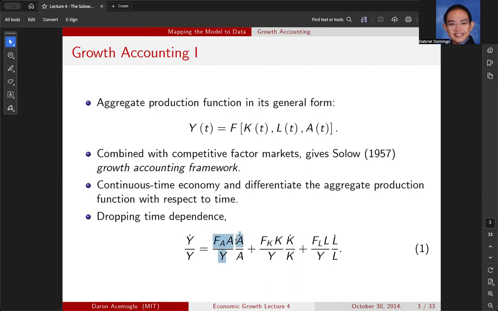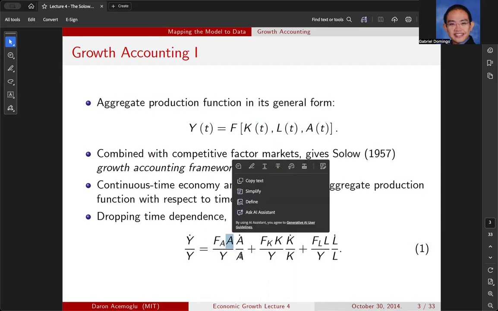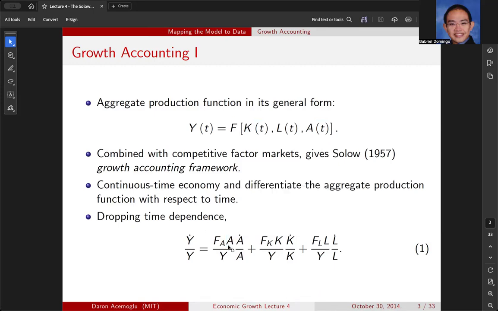And notice we are using the familiar trick where the A in the top and the A in the denominator actually cancel. So what's in the first term really is F of A, and then you get the derivative of A with respect to time, which is A dot. You can do this for all three sources of economic growth, and you'll get these terms here.